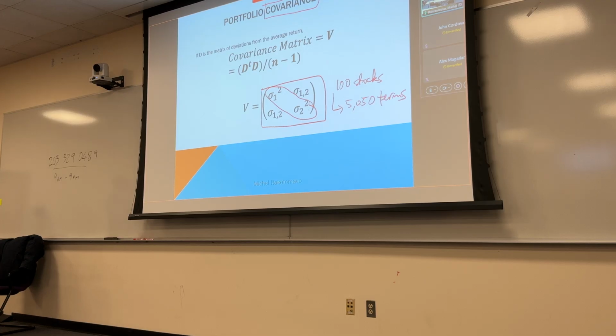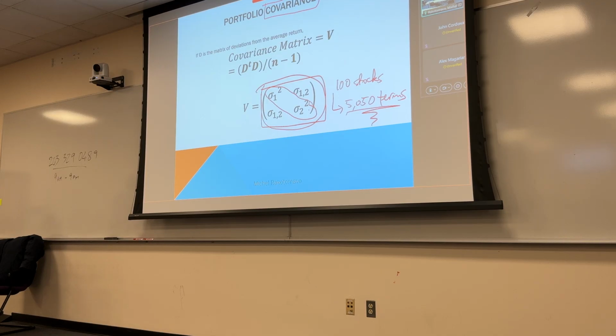So you do not want to do that by hand. You do not want to enter formulas in 5,050 cells of Excel. That's why you want this matrix to be automatically calculated. So how do we do that?